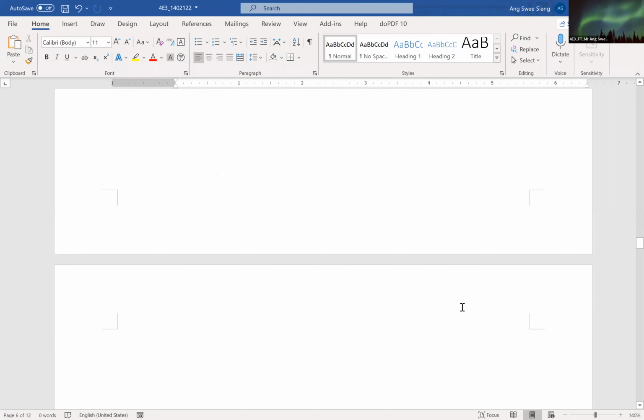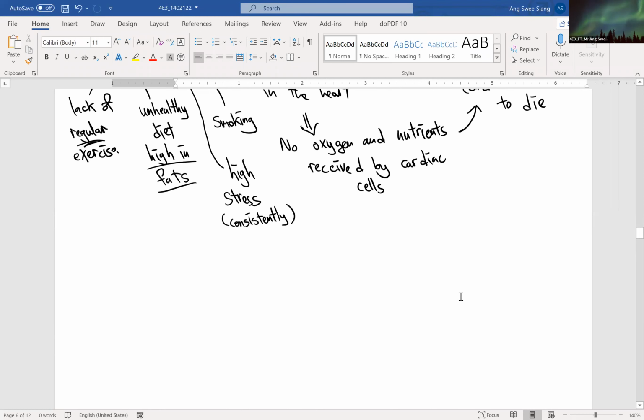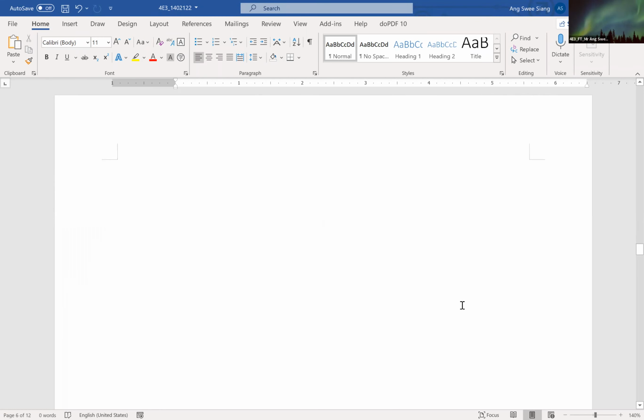Now we are going to talk about the blood vessels. Have you learned about the structure of the arteries, veins, and capillaries? Before I describe them to you, maybe I'll Google the cross section and let you all take a look first.